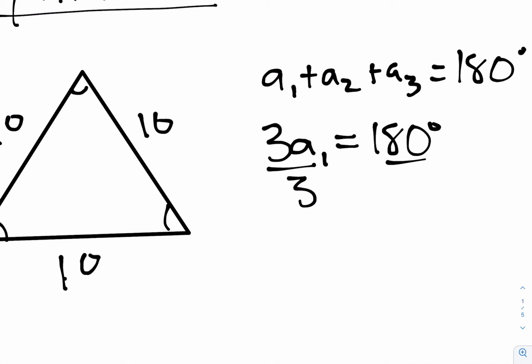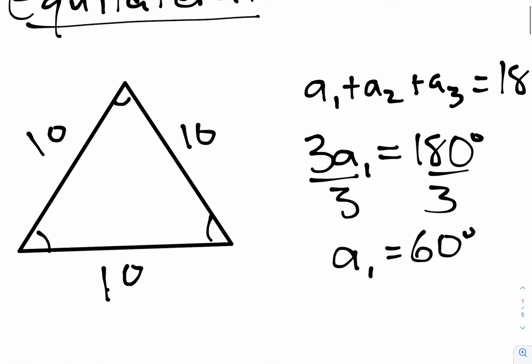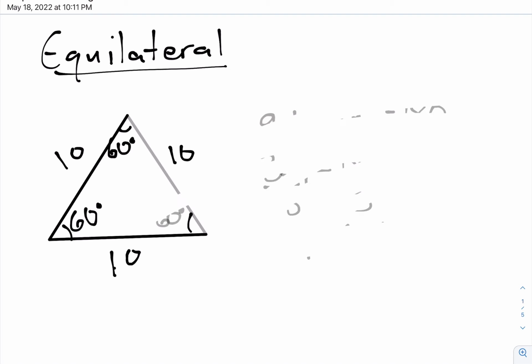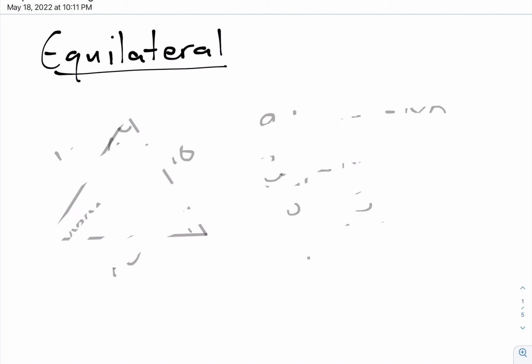If we divide by 3 on both sides, A1 is going to be 60 degrees, 180 over 3. So if A1 is 60 degrees, we also know that the other two are 60 degrees. So for every equilateral triangle, every angle inside is 60 degrees. All the angles and all the side lengths of that triangle are the same.